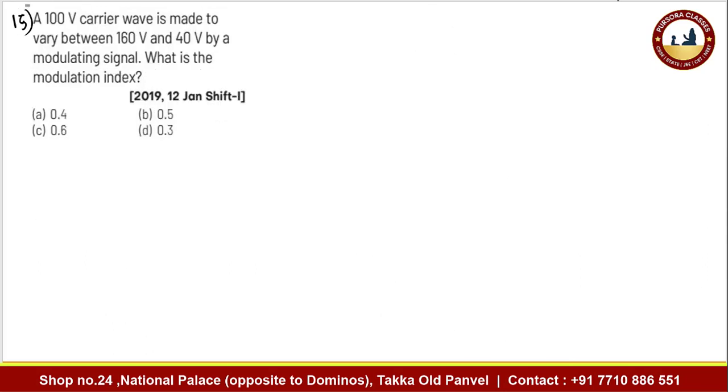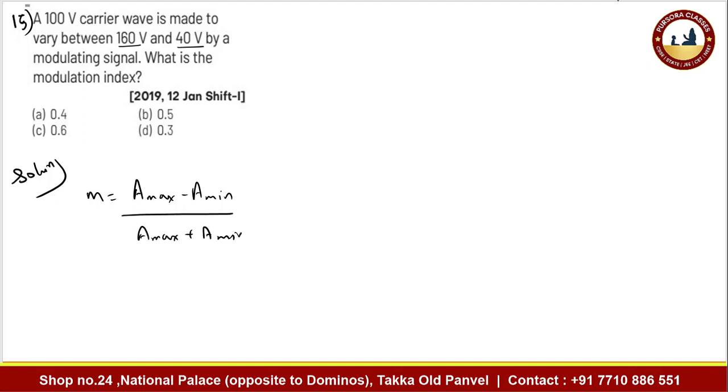Okay, students, moving ahead with the next question. A 100-volt carrier wave is made to vary between 160 volt and 40 volt by a modulating signal. What is the modulation index? So modulation index is A max minus A min upon A max plus A min.